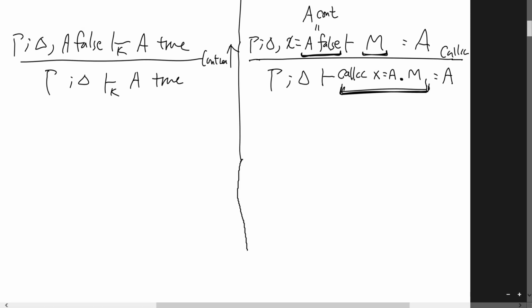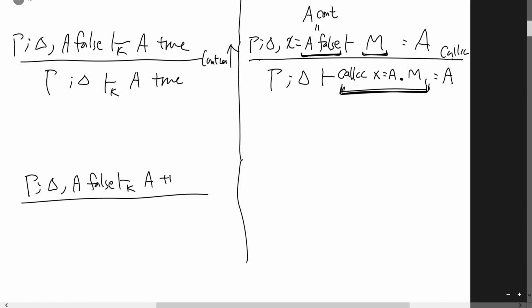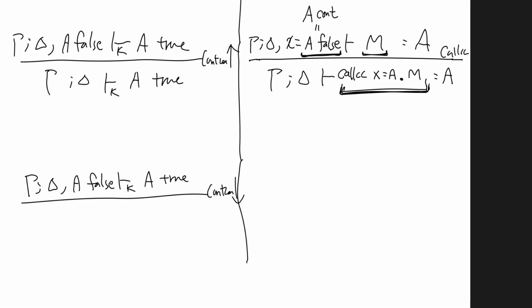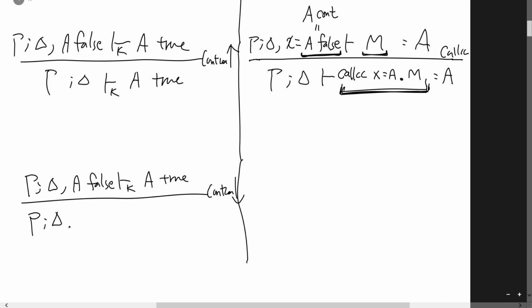Next, let's translate this contra down rule. The contra down rule starts with the same premise, A false, A true. And the conclusion is, with the same hypothesis, you can prove anything.